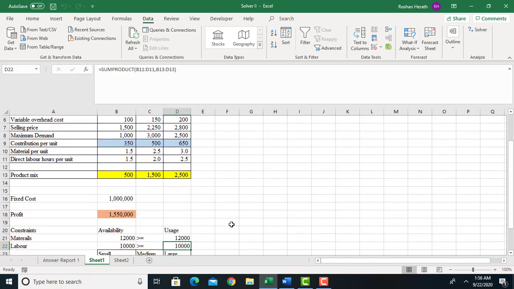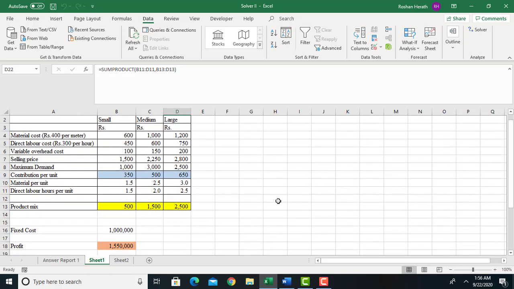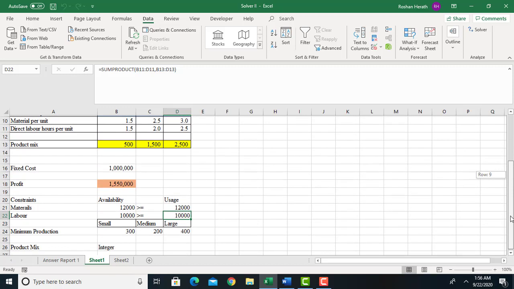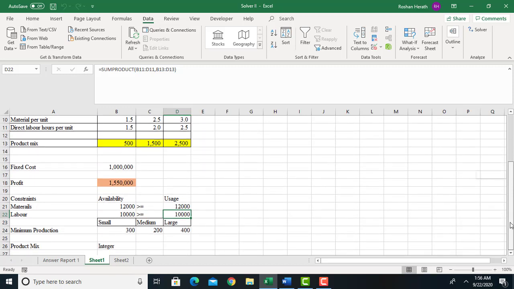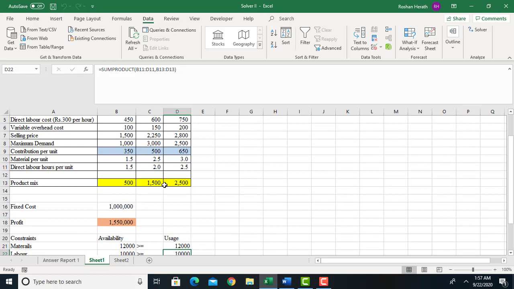We can make a profit of 1,550,000 if we produce 500 units of small t-shirts, 1,500 units of medium, and 2,500 of large. It is within all the constraints that we had identified. The labor and material are fully used, integer values, minimum requirement accomplished, and it is also within the maximum demand constraint.